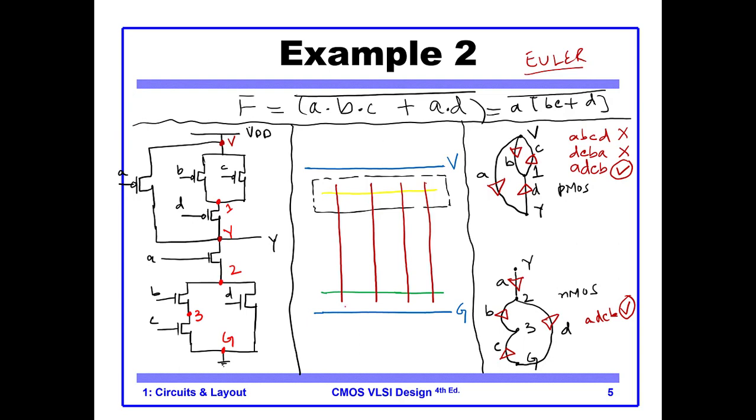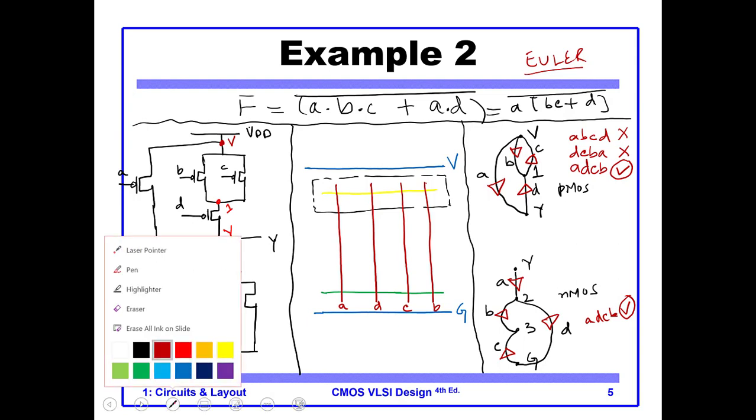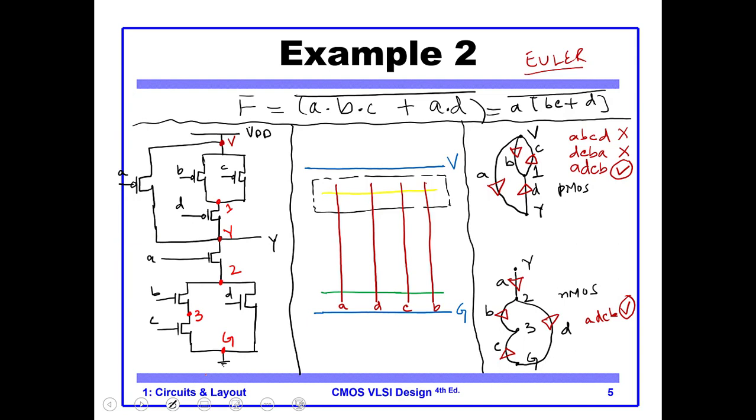So we can write A, D, C, and B. So these are our poly lines. Now it's quite simple to draw the other things. So for example, let's say we want to start with the NMOS.